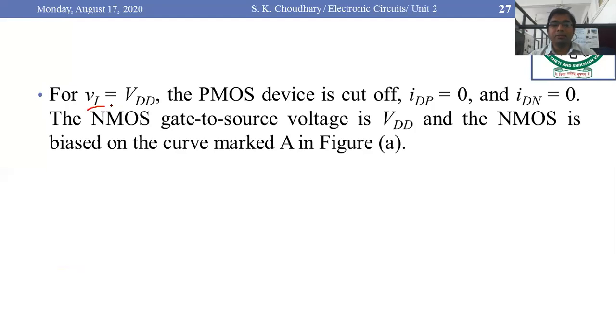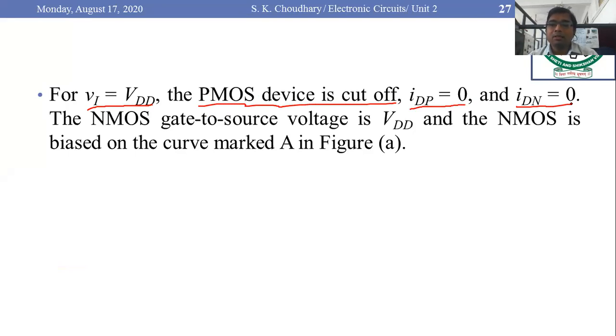Here Vi is equal to VDD means PMOS device is in the cutoff mode. And if it is in the cutoff mode, it means PMOS is in off condition. So the current would not flow across PMOS. IDP is equal to 0. And as IDP is equal to 0, I have already told you that IDP and IDN are the same in this configuration. So IDN is also 0.